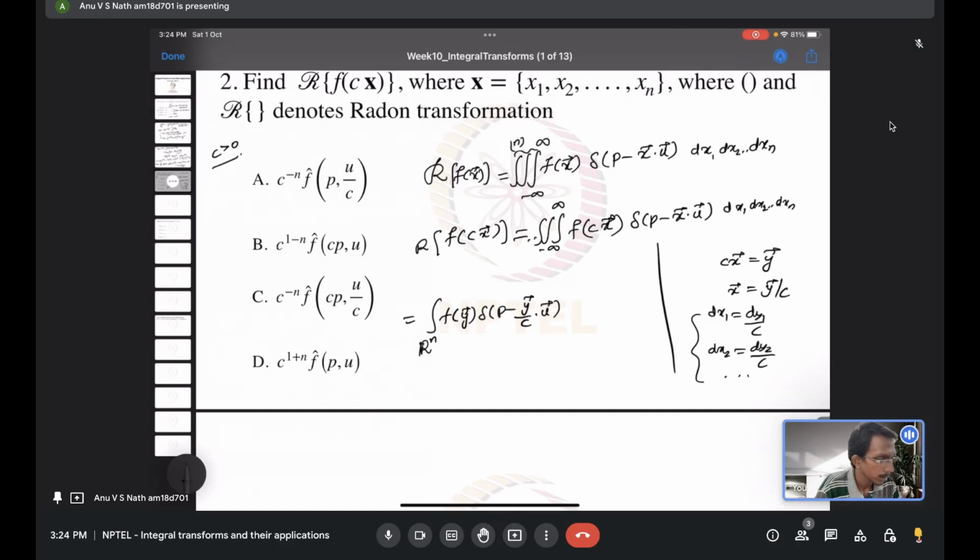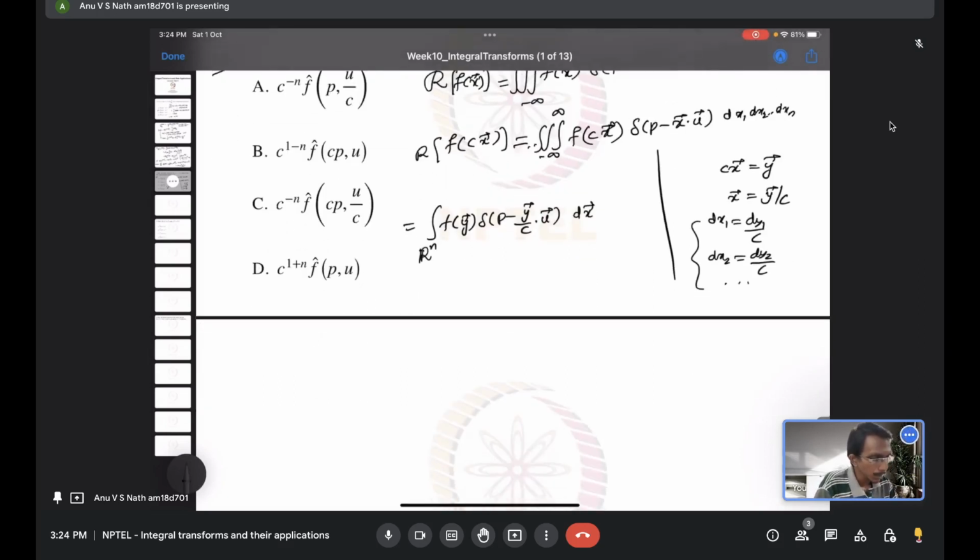Then similarly here I will use dx vector as a general representation of dx1, dx2, dx3. So here you can see this by the definition is actually the Radon transform of the function f, but in the variables.